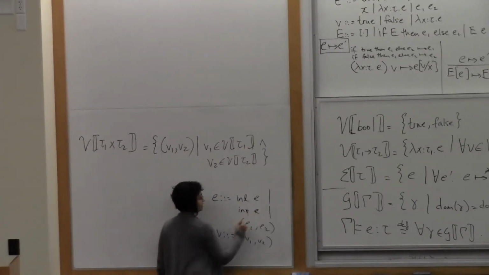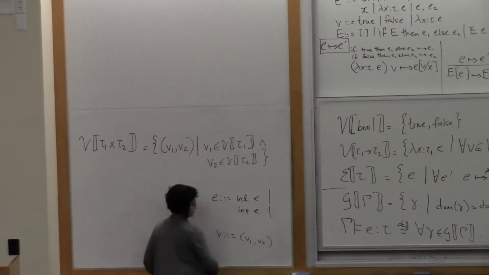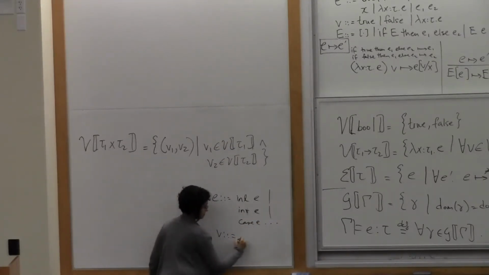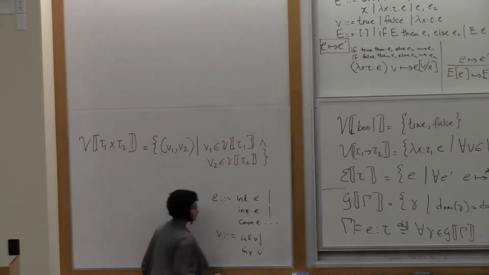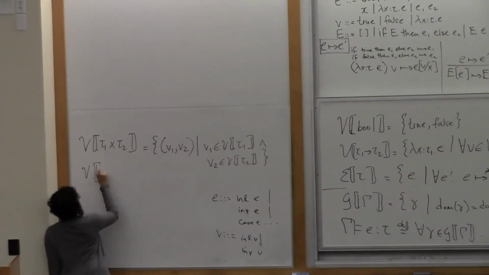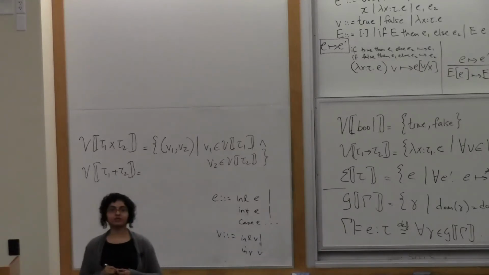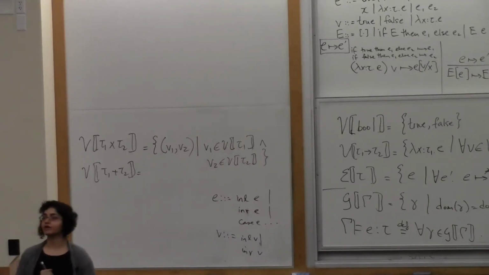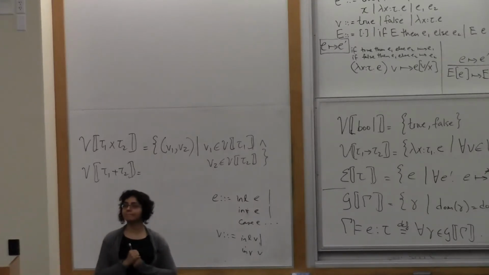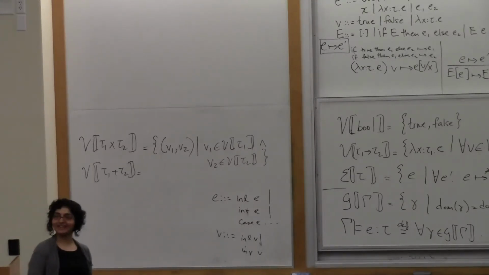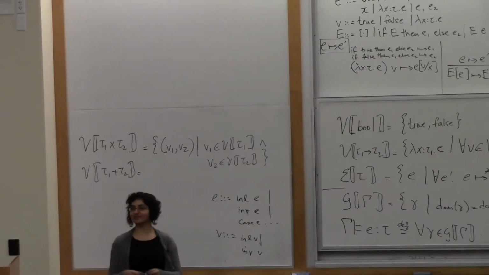Okay, so how about sums? Now we have in left, in right, and case. Value forms: in left V, in right V. When does a value belong to a sum type, behaving like it has type tau1 plus tau2? There are two cases, because there are two different possibilities for what value you can have.